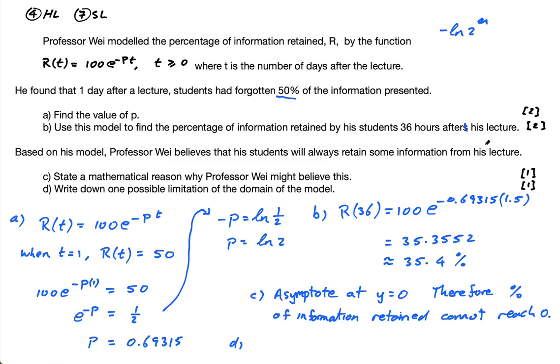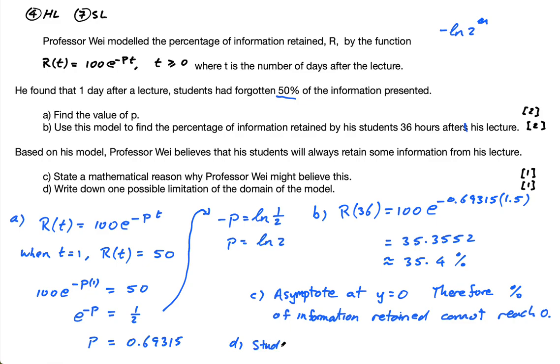But what if the number of days is 1,000,000? Will the student even be alive at that point? That's one clear reason.